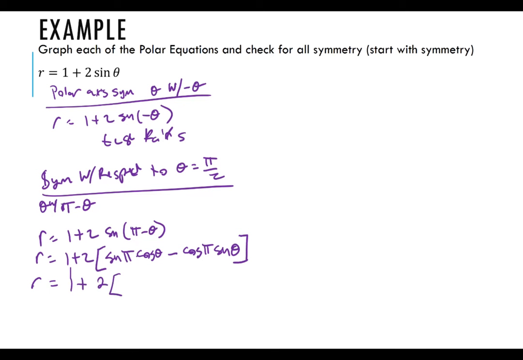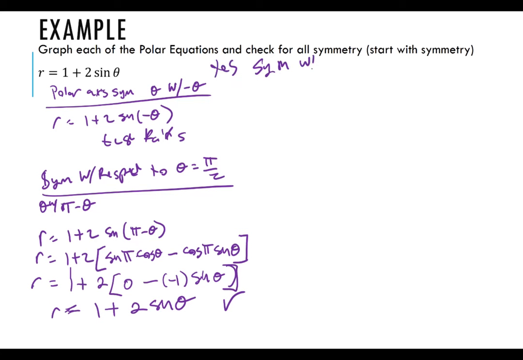Sine of pi is 0, times cosine theta is 0, minus cosine of pi is negative 1, times sine of theta. And so then we get that r is equal to 1 plus 2 times positive 1 sine theta. This checks out. That means we have, yes, symmetry with respect to theta is equal to pi halves. And so we do have that symmetry.